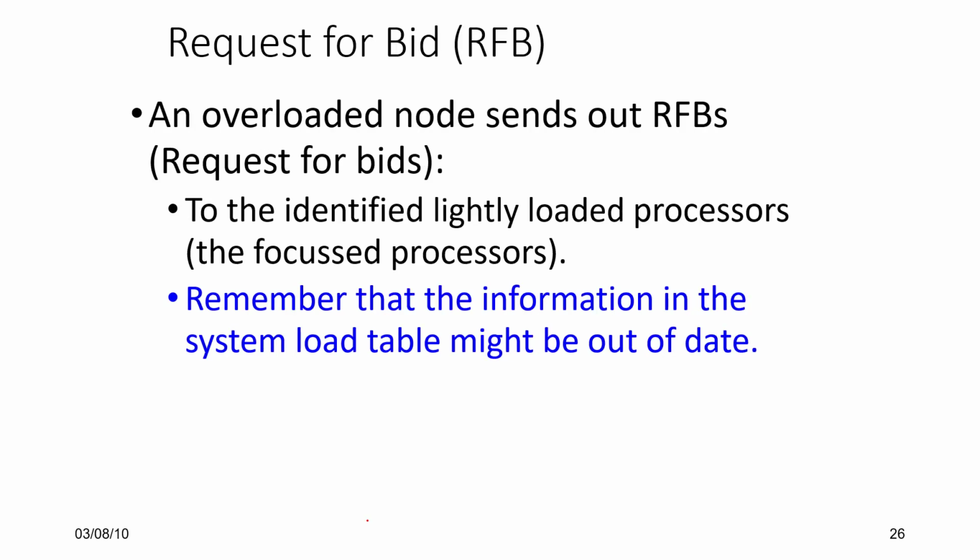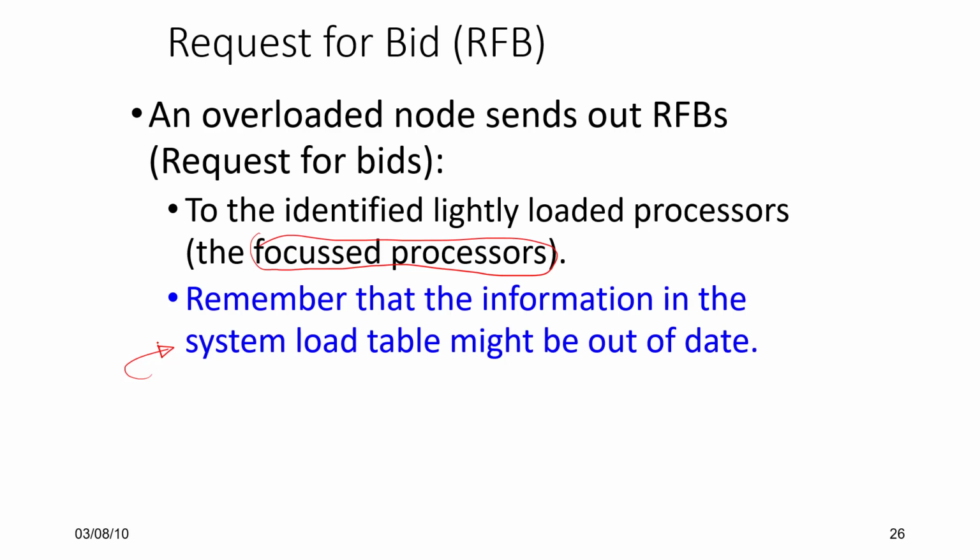So what it does is it creates a request for bid, an RFB. The overloaded node will send out RFBs, requests for bids, to the lightly loaded processors. These are known as the focused processors. That is why we call it focused addressing and bidding. So the key point is that the information in the system load table may be out of date.